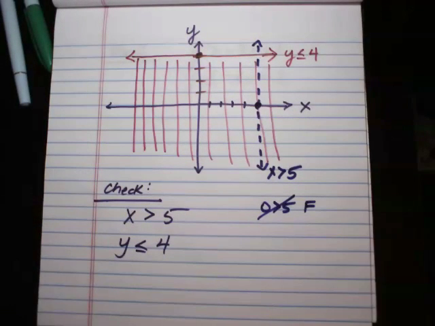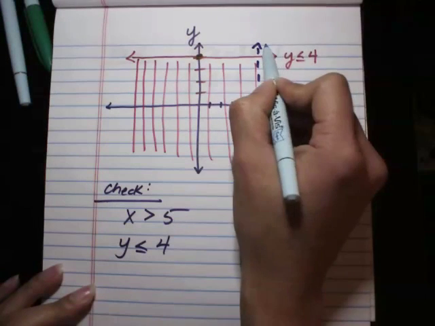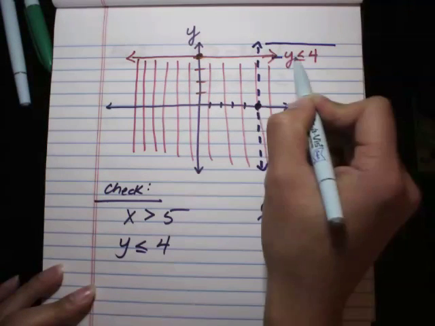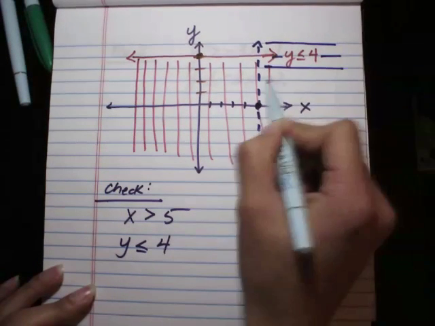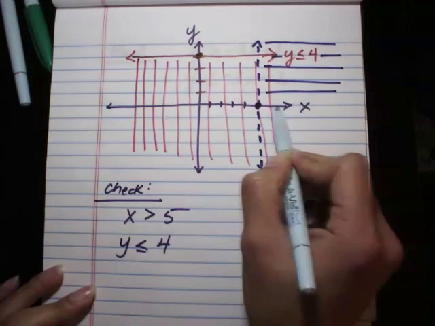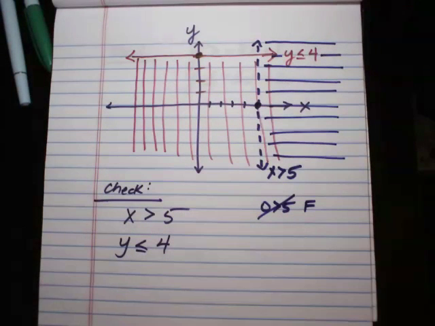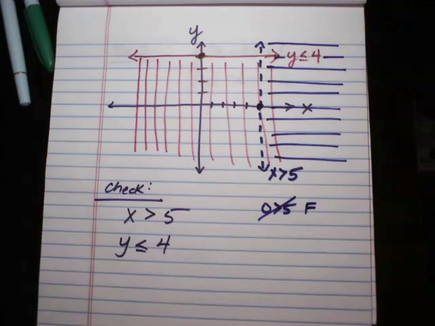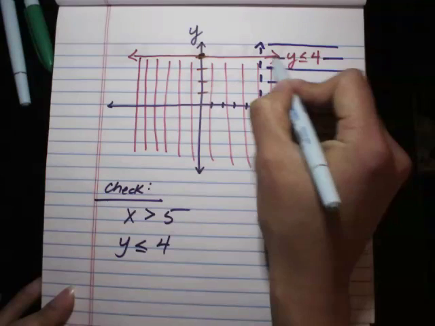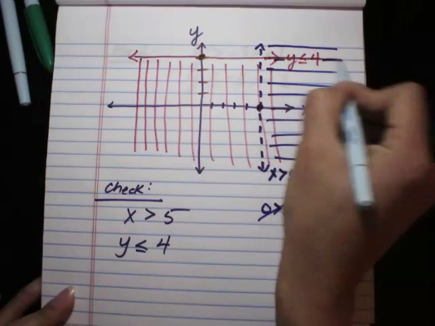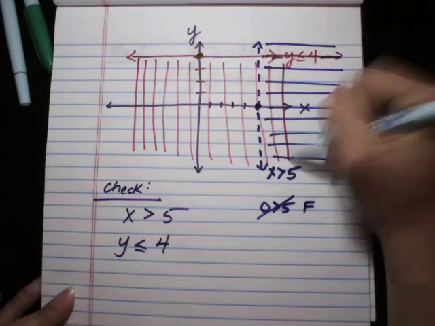Let's shade in the right side, and again, make your lines perpendicular to the boundary line. Now I'm going to take my red pen for the line of y is less than or equal to 4. If I were to extend this, I would be shading in this section here.